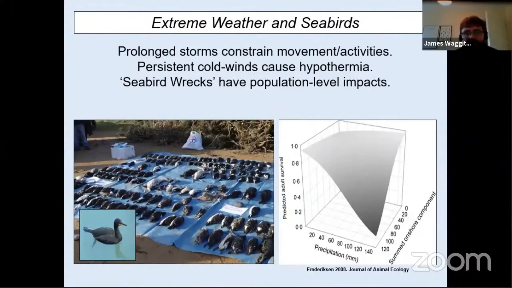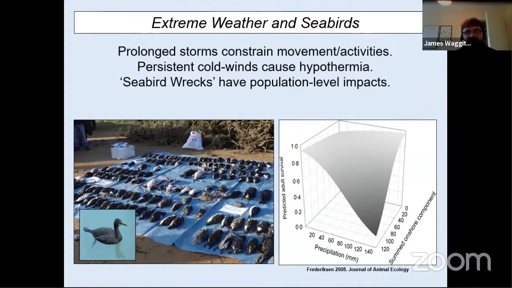In terms of impacts on seabirds, which is the focus of this talk, we do know that extreme weather conditions can have quite bad impacts on seabird populations. These are birds which spend most of their time feeding at sea in coastal waters, and very prolonged storms can constrain their movement and their activities.